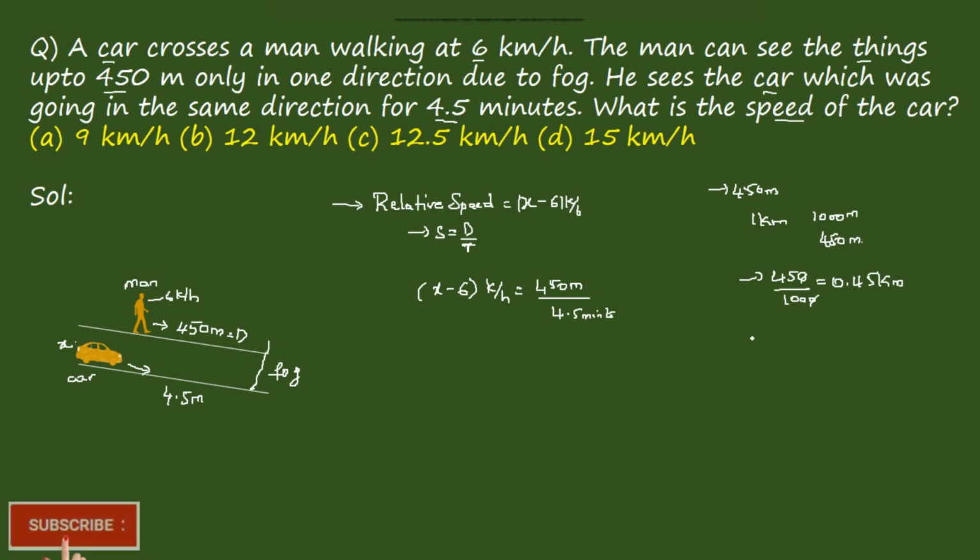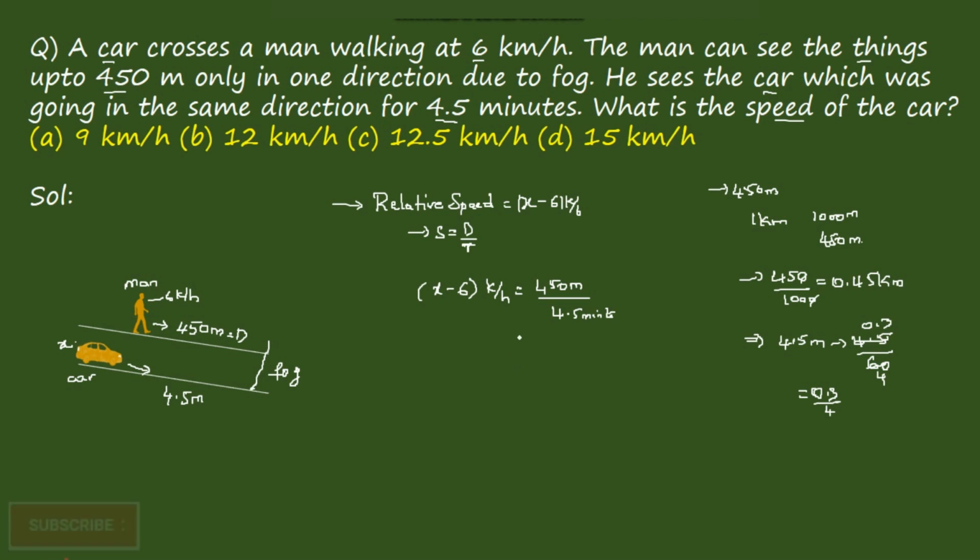Till here it's fine. Again, converting 4.5 minutes into hours, it becomes 4.5 by 60, which is 0.3 by 4.